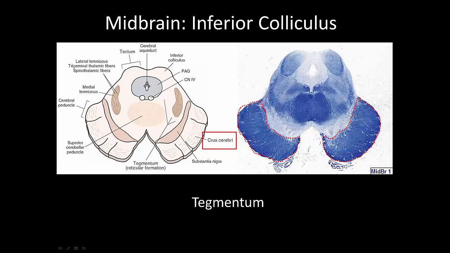So the tegmentum is just going to be the space that's in between the colliculi and the crus cerebri. So that whole space right there is referred to as the tegmentum. We had a tegmentum that was extending down into the level of the pons as well. Now, if you have the tegmentum plus the crus cerebri, so this whole area right here, that whole portion is referred to as the cerebral peduncle.